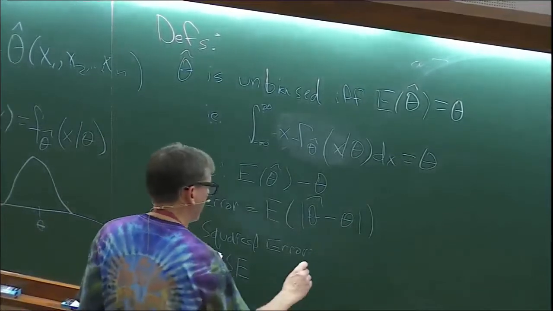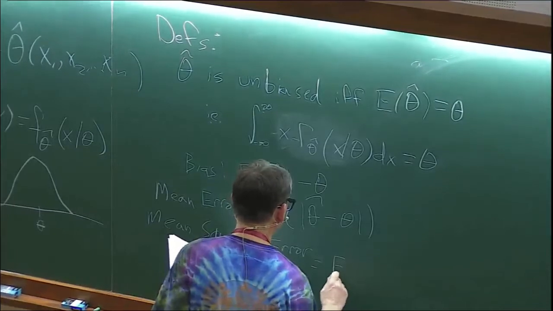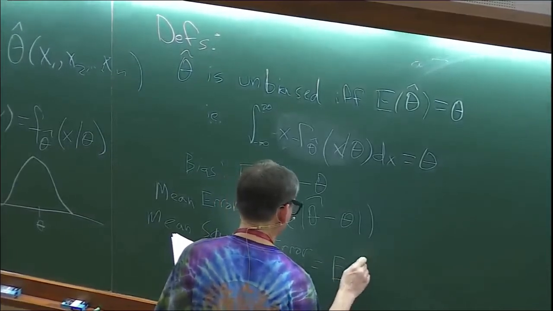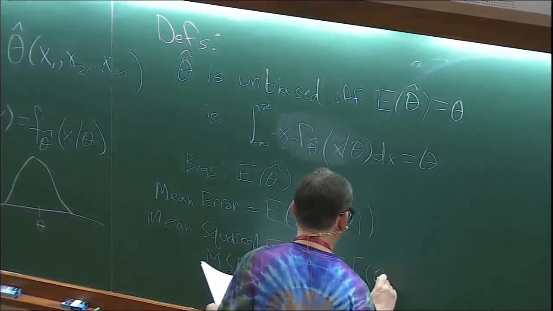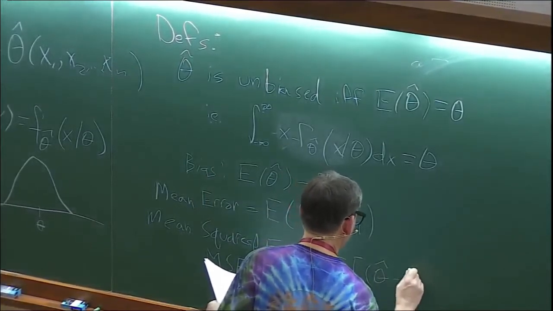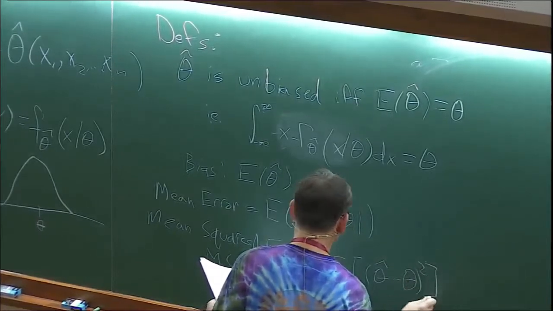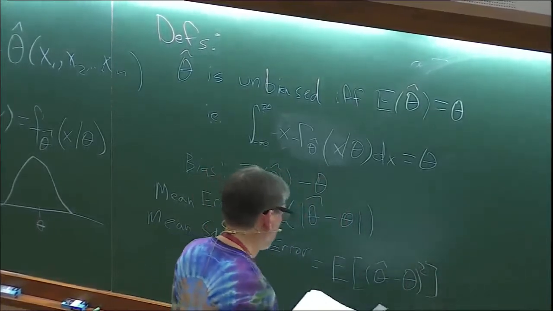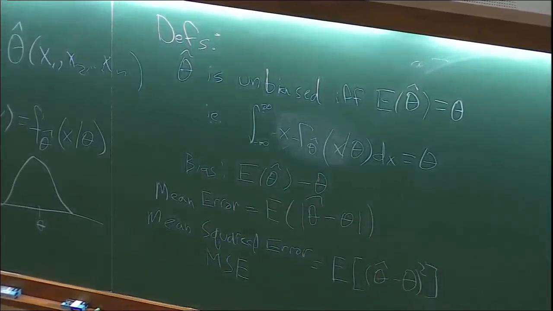That is the expectation of theta hat minus theta, quantity squared. Now, it turns out that the MSE has an extremely clear interpretation. It's extremely straightforward to work out.